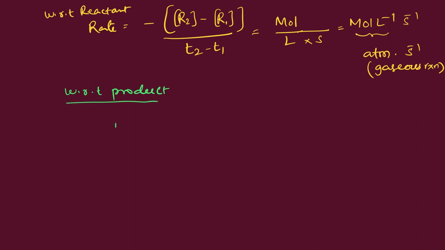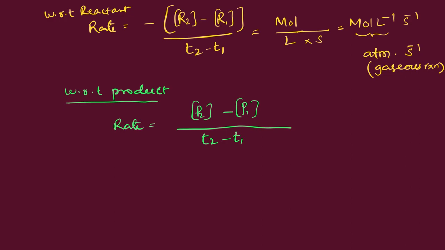what will happen? Rate is equal to final minus initial, then final is P2 concentration minus P1 concentration. Already we know that P2 is higher than P1, therefore you will get a positive value in the numerator, denominator T2 minus T1.